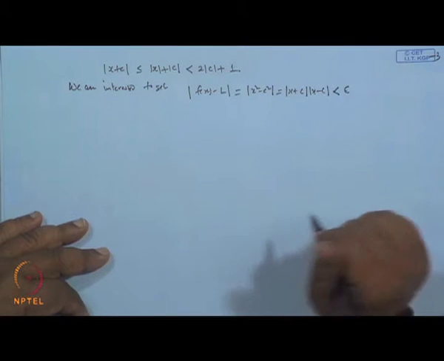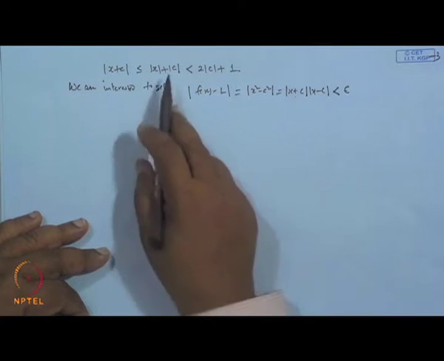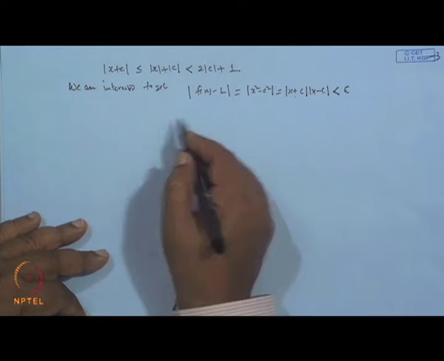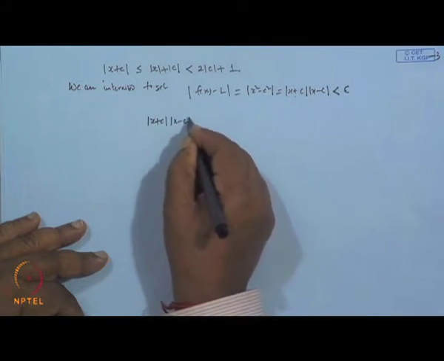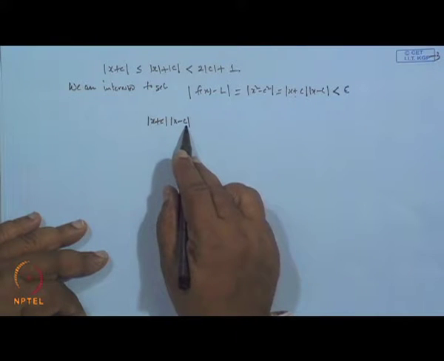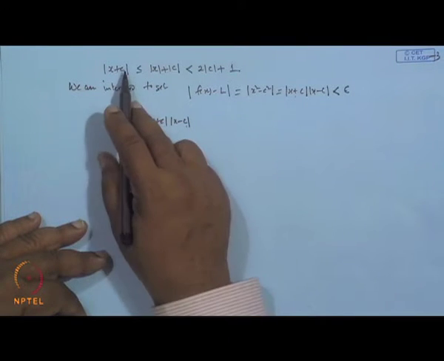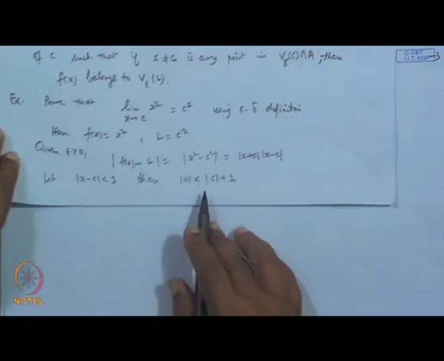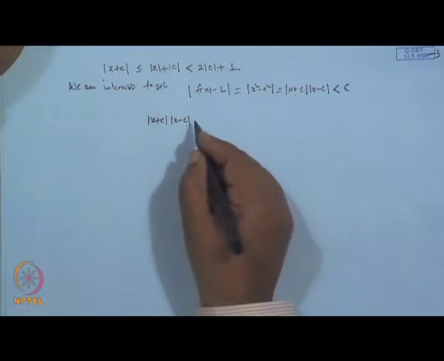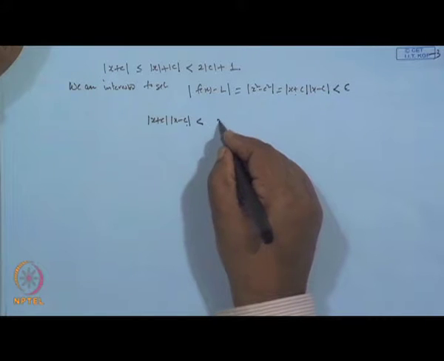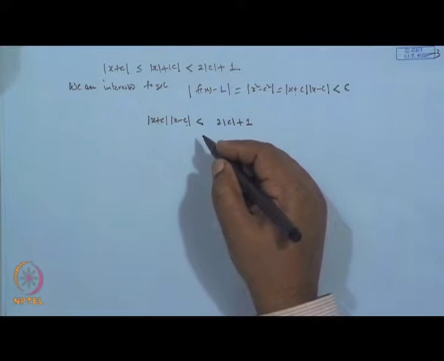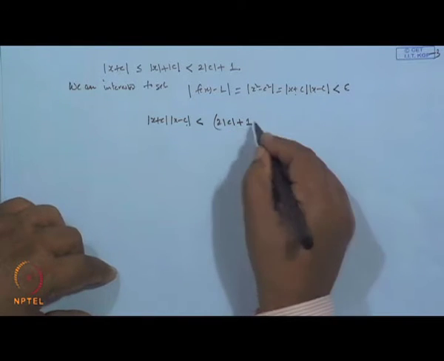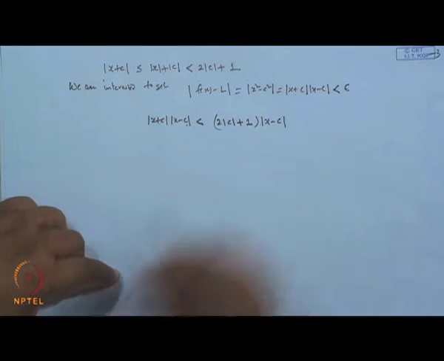Now, the bound for |x plus c| is already obtained. When |x minus c| is less than 1, the bound for |x| is obtained from here. So, this is less than 2 times (|c| plus 1) times |x minus c|.